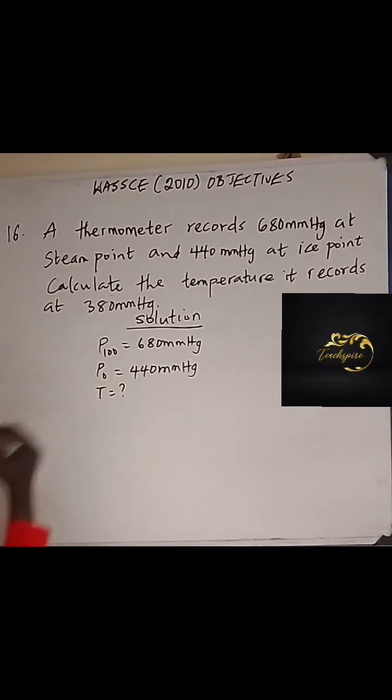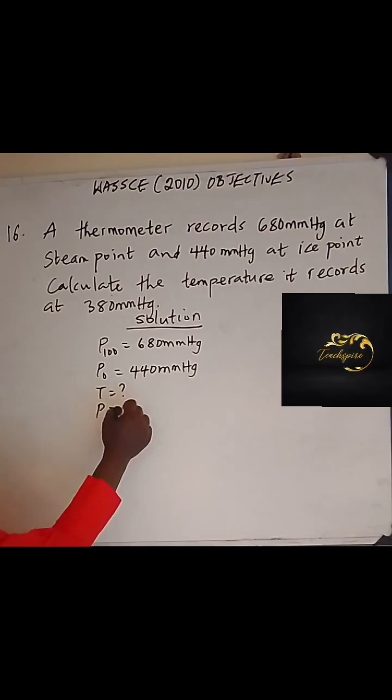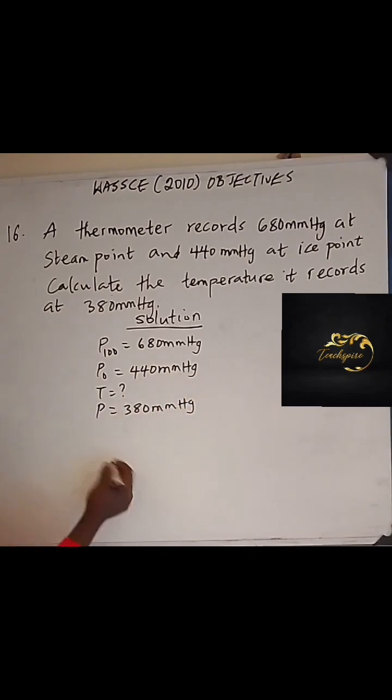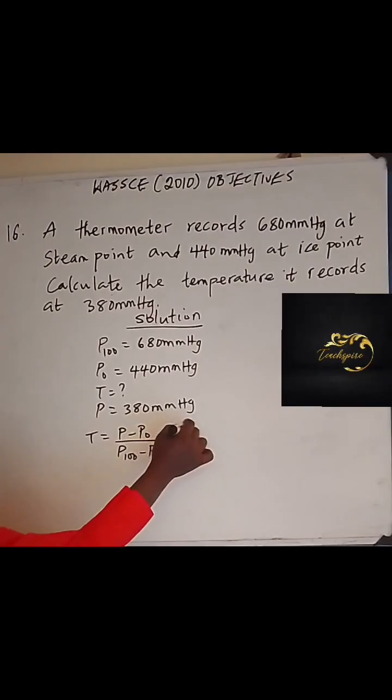I'm asked to find temperature at 380 millimeter mercury. That is P, 380 millimeter mercury. Then I proceed to saying T equals P minus P0 all over P100 minus P0 times 100.